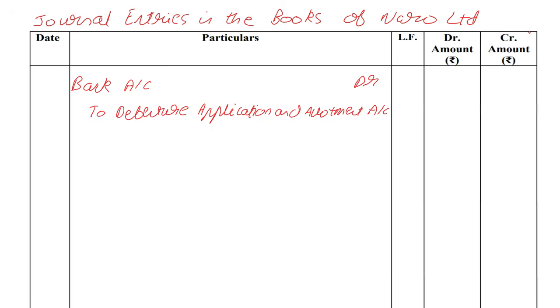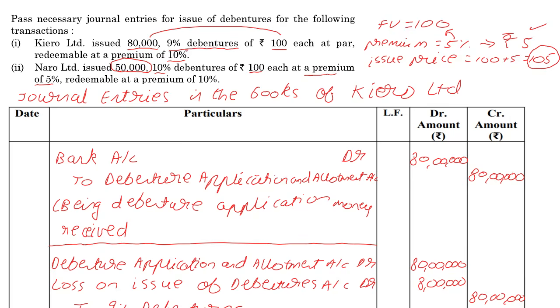And remember, the calculation one more time is 50,000 into 105.